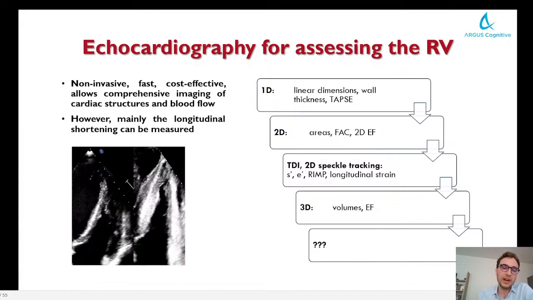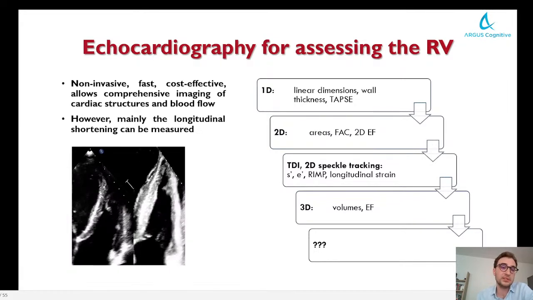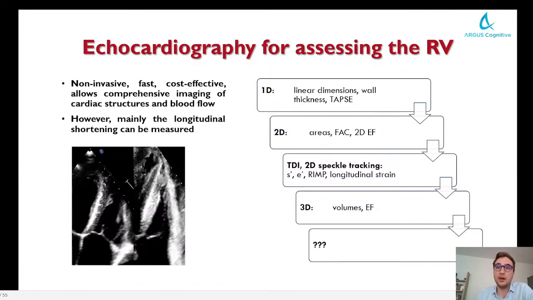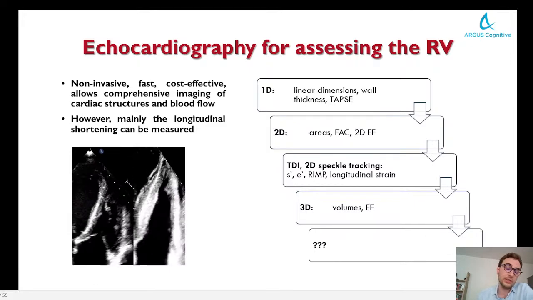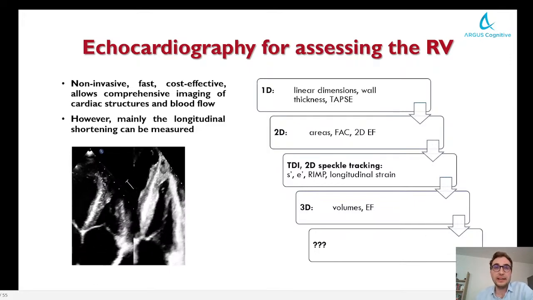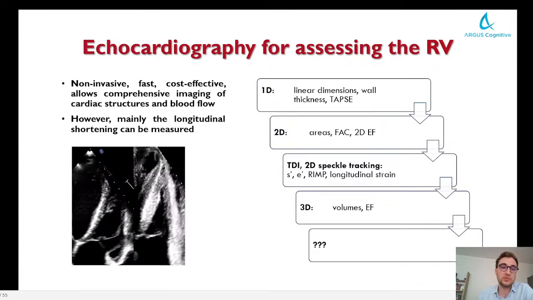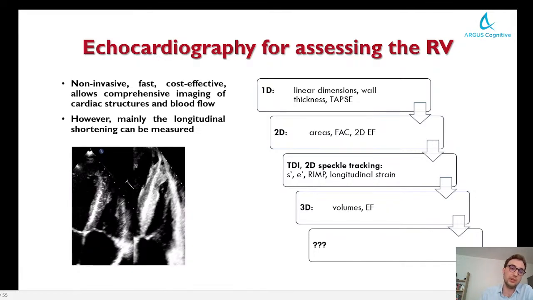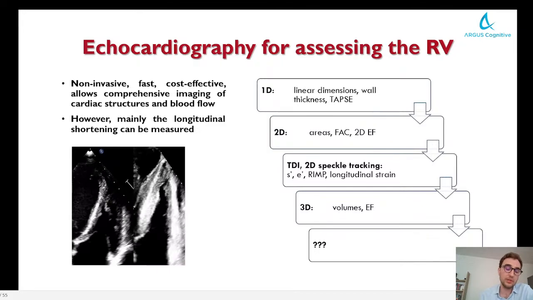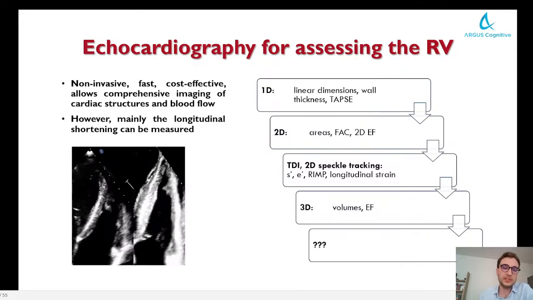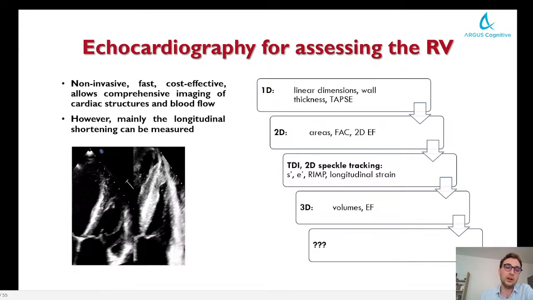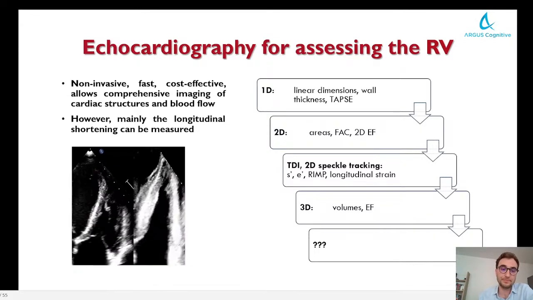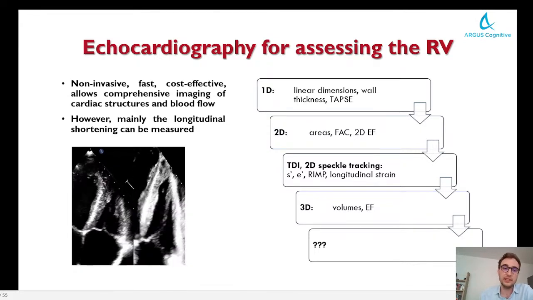we do know that the right ventricle actually has a much more complex contraction pattern, with contraction along non-longitudinal axes as well, and it can be easily demonstrated on these two patients on the left lower bottom of the image. So here we see two patients. On the left side we have a young elite athlete patient.